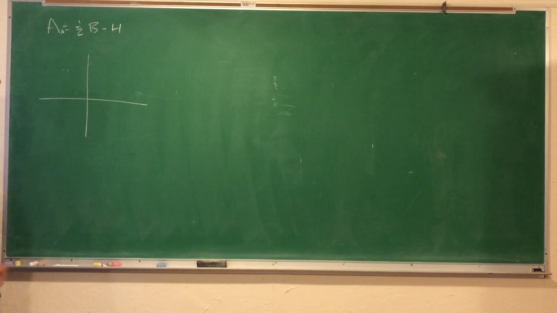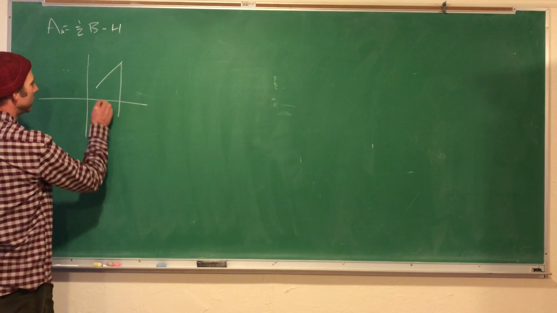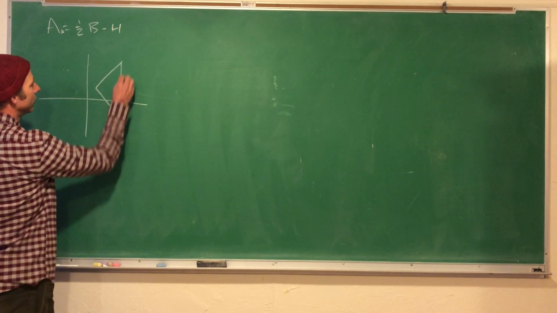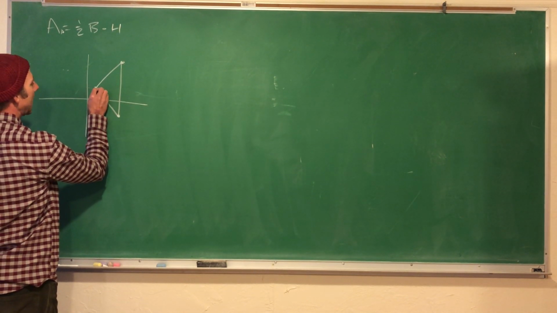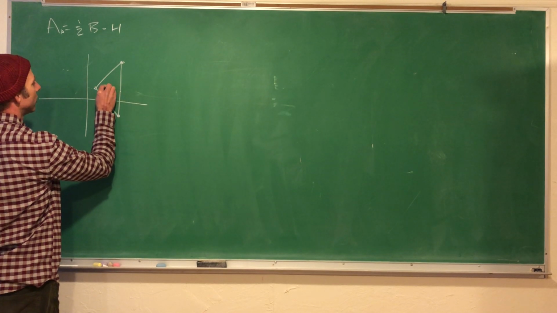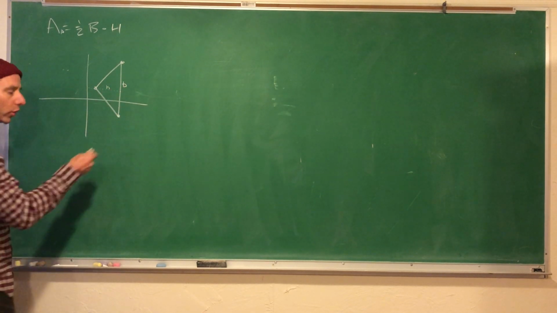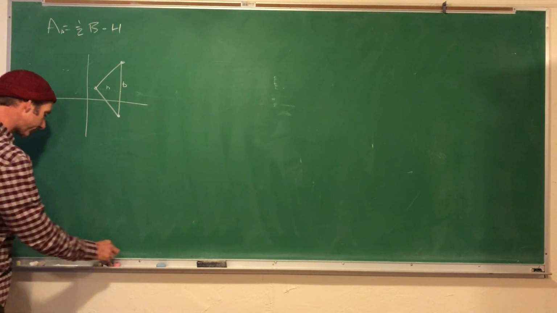But if I have a triangle on here that is kind of clean and pretty like this, if I know the vertices, I could calculate that distance. We can call that h, and we can call this the base. We could readily calculate the area of that triangle.